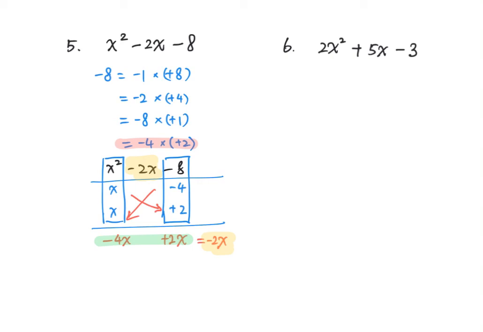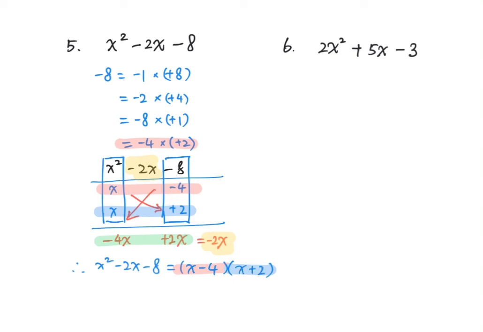Therefore, x squared minus 2x minus 8 can be factorized as the product of two brackets. The first bracket is x minus 4, and the second bracket is x plus 2. So just write down the answer directly: x minus 4 and x plus 2. This is the answer.